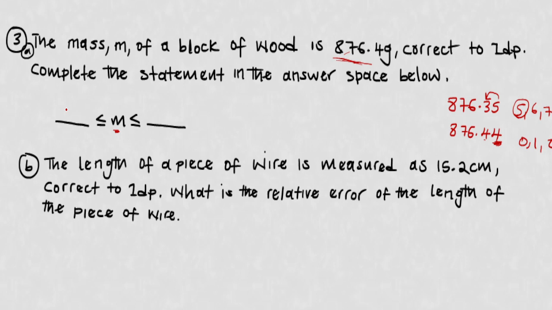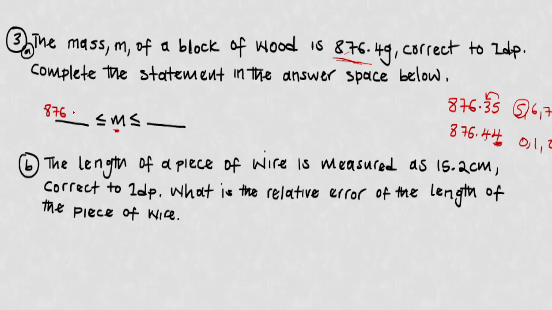But the bottom line is that if you round off to one decimal place, the final answer should be 876.4 grams. So here the smallest number I'm going to write is 876.35.